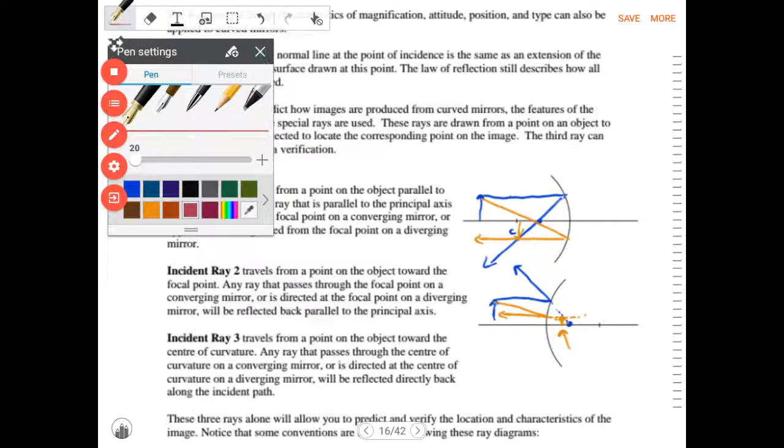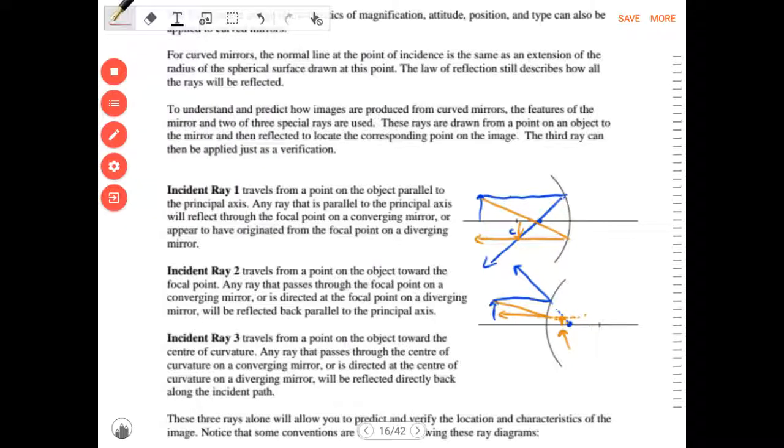So if I draw in red now, if I take this object and I go through the center of curvature, that line will be drawn exactly back.